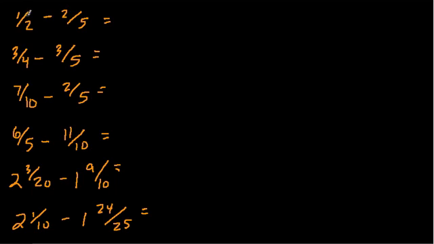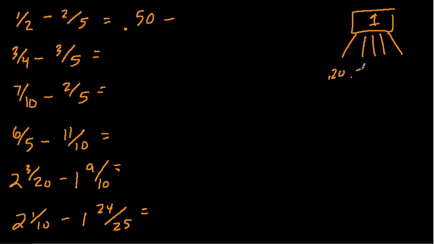So first we have 1/2 minus 2/5. Well, 1/2 you can think of as 50 cents, or 0.50, minus 2/5. I've talked about this many times in different videos, but a fifth, 1/5, is not the same thing as a nickel. It's 20 cents, because you have to think about $1 being split into 1, 2, 3, 4, 5 equal groups.